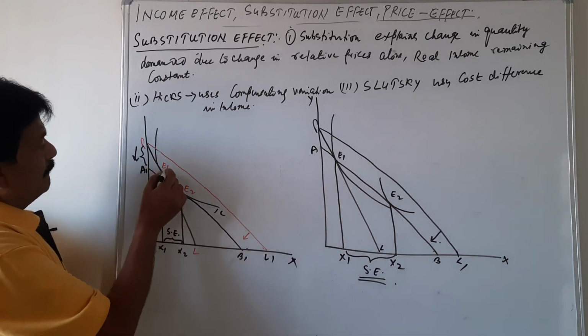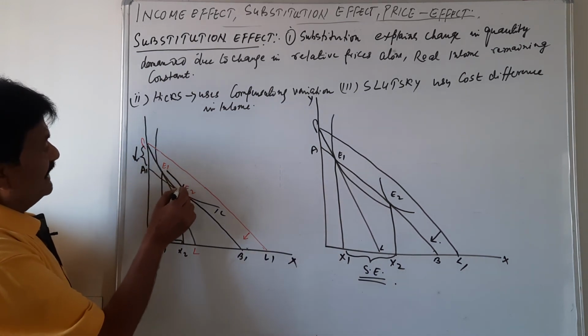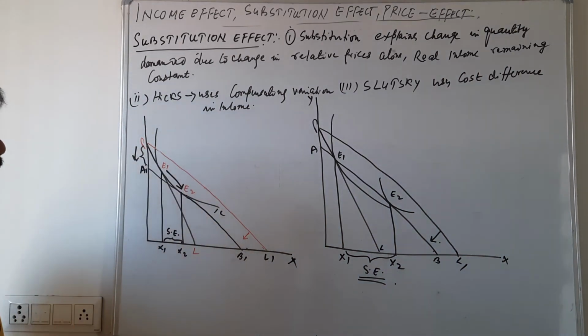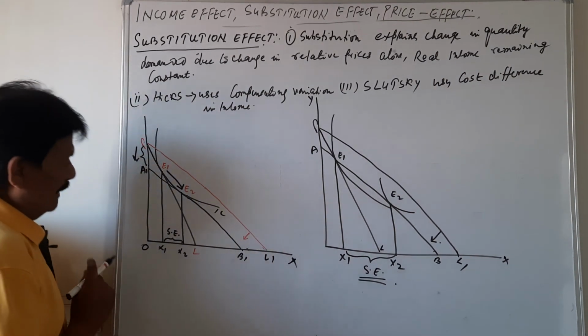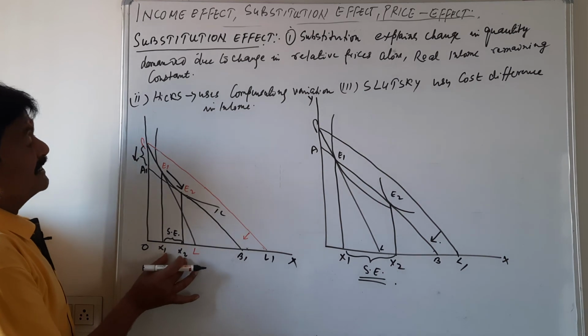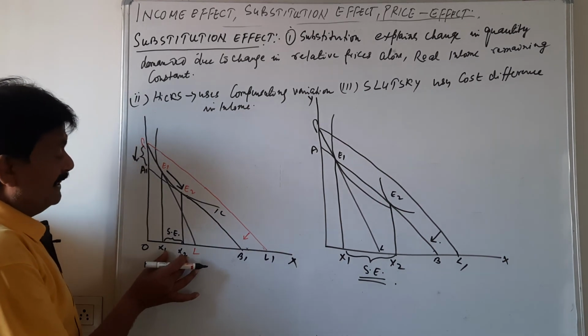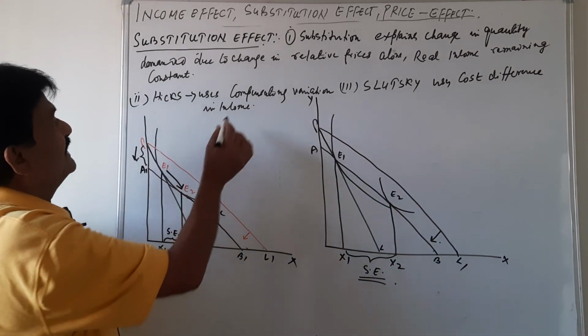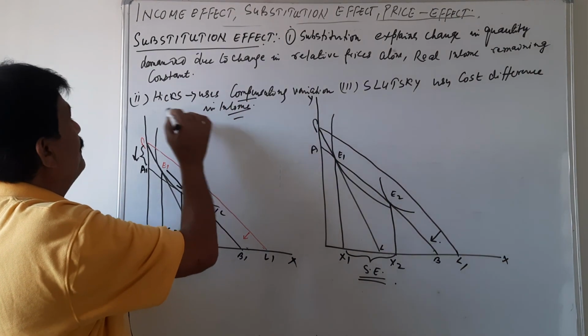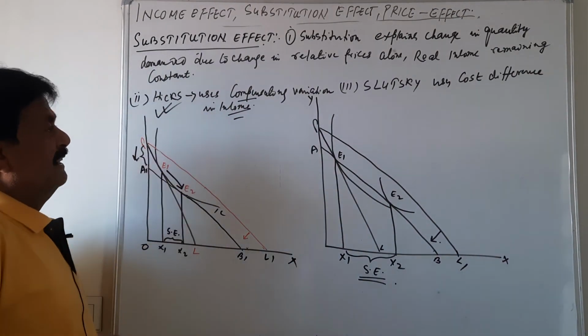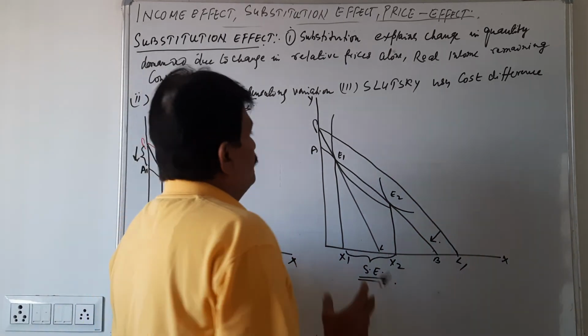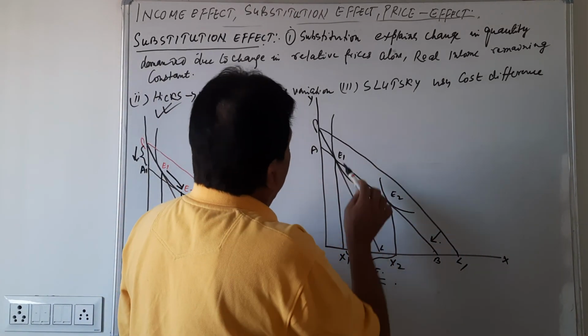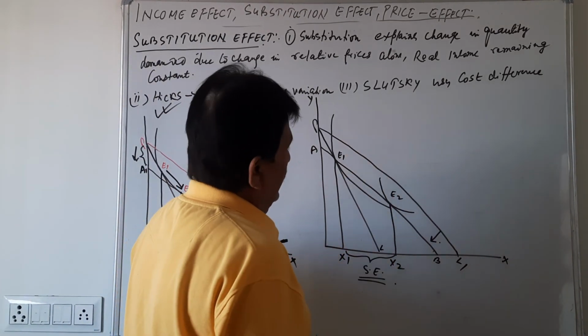So the movement from E1 to E2 stands for the substitution effect, and in quantitative terms, X1X2 stands for the substitution effect. This is only due to the compensating variation in income, and that was given by Hicks.